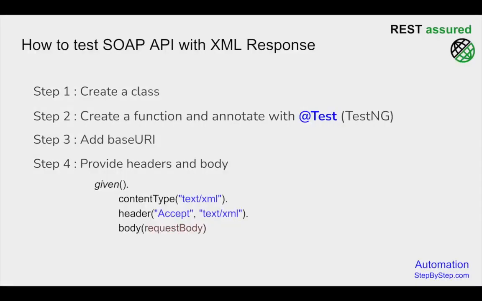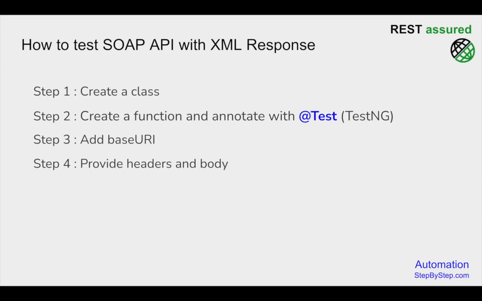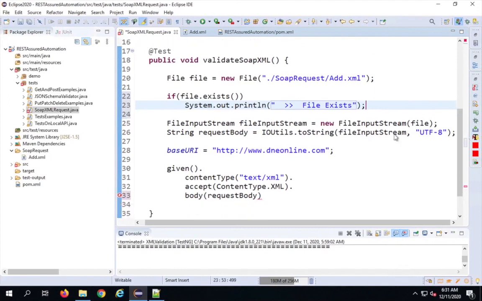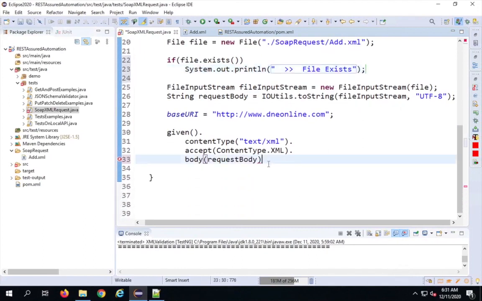So we have done step number 4, where we have given the content type, header and body, and now step number 5 is we can now send our request as post. So here I will say dot when, and again dot post, and here I have to give the endpoint.